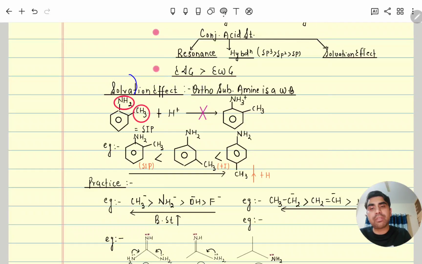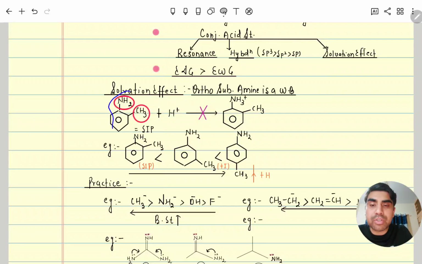So it is very difficult to accept H plus from other entities. Means the ortho substituent in aniline is stopping it from accepting H plus, decreasing its basic strength. Due to this, it is called SIP, steric inhibition of protonation.